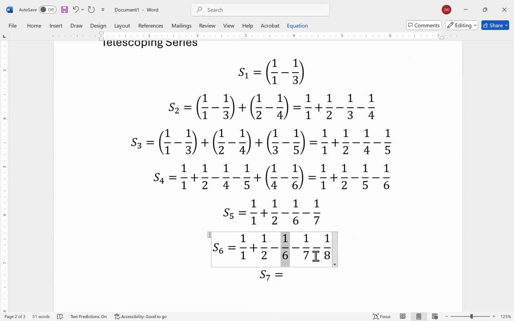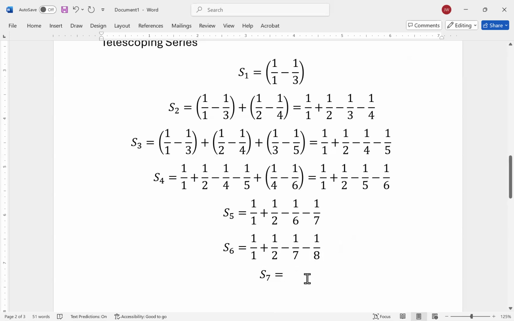Well, this is the contracting back in part, pushing it back in. For the seventh term, I'm going to get 1 over 1 plus 1/2, minus 1/8 and then minus 1/9, when things are telescoped.